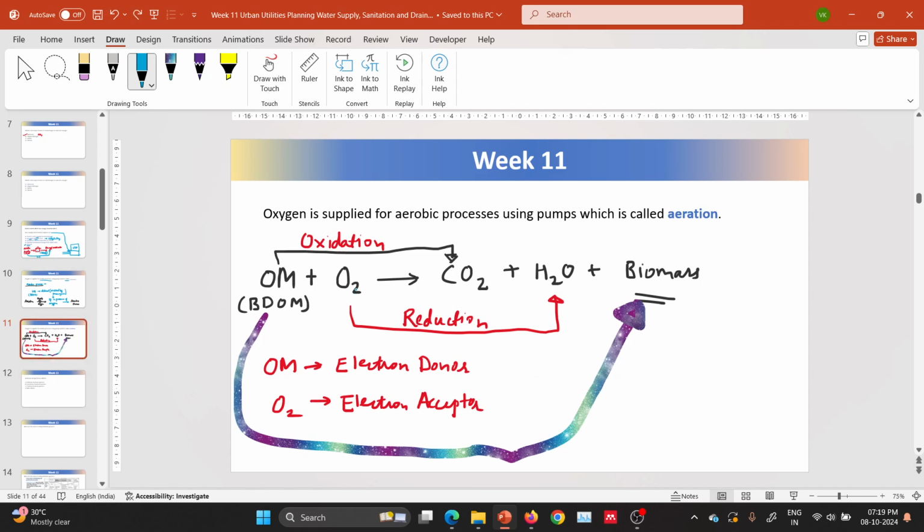And this process of conversion of organic matter to biomass and gas is called a biological process.